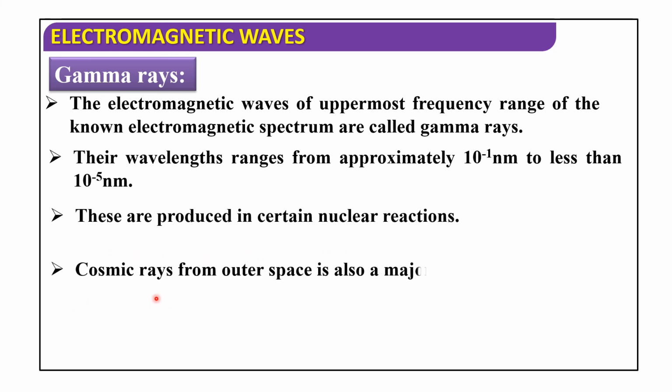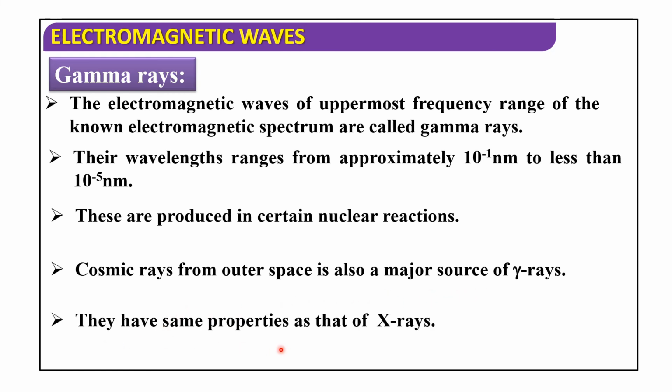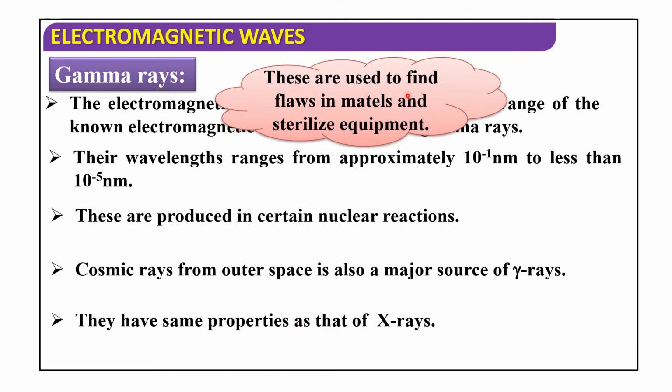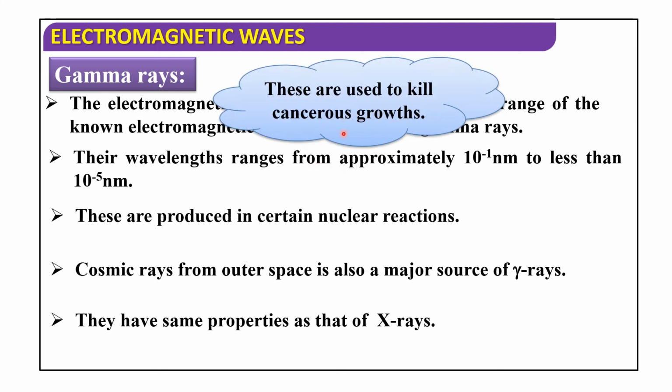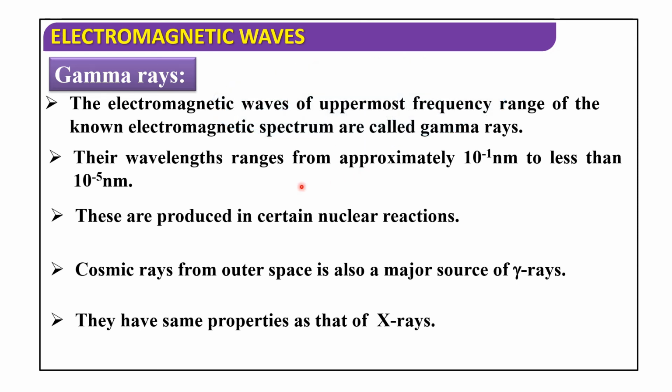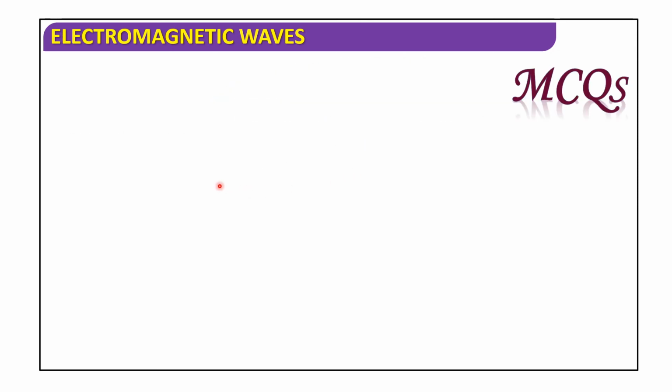Cosmic rays from outer space are also a major source of gamma rays. They have the same properties as that of X-rays. So these are used to find flaws in metals and sterilize equipment. These are used to kill cancerous growths. Now I'll discuss MCQs.